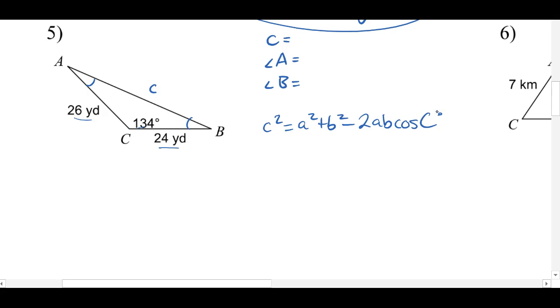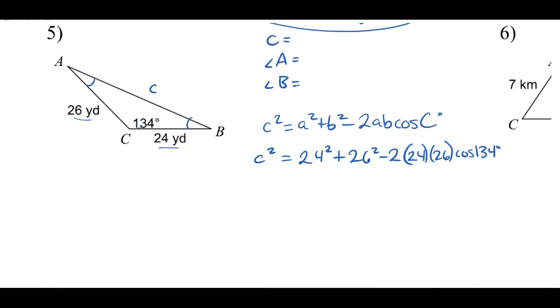Okay, so let's go ahead and plug all that in. We don't know little c. We know a is 24, and we're going to square it, then add 26 squared, minus 2 times those same sides, 24 times 26, times the cosine of 134, which is our angle.